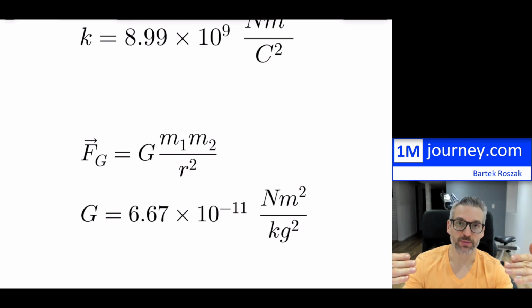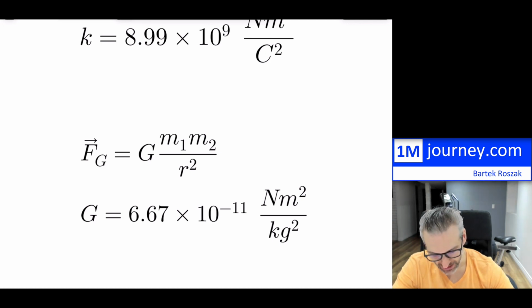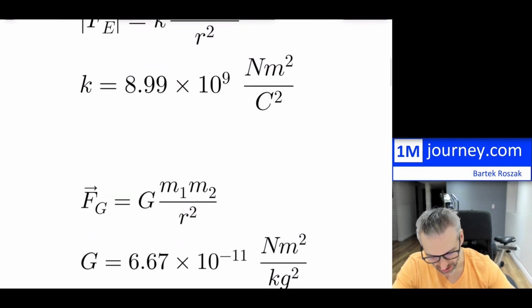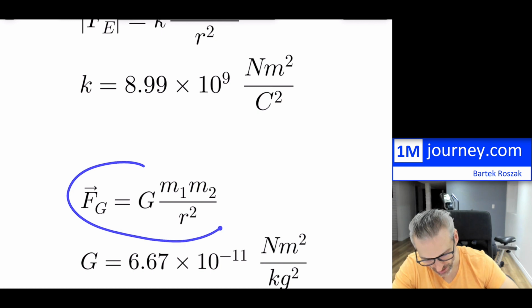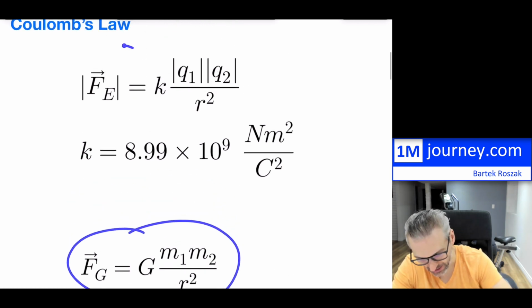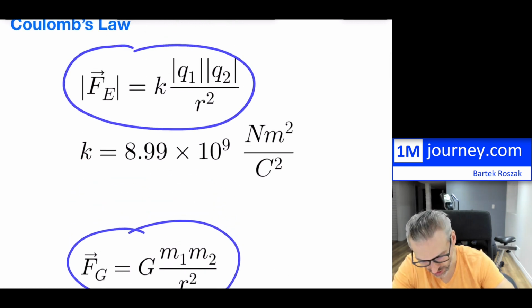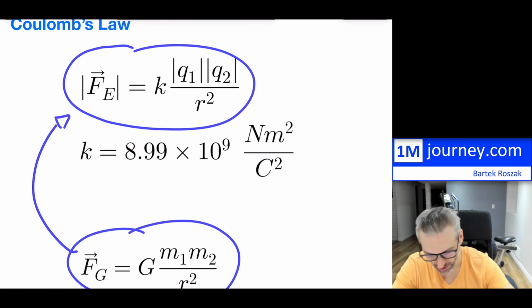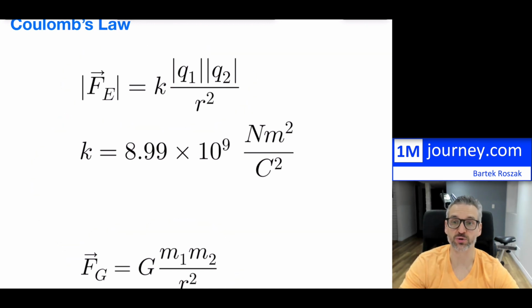Now, when you're talking about matter and the law of gravity that Newton came up with, that particular force is always attractive. So the force is always towards each other. But look at the enormous resemblance between this equation and Coulomb's law, which is also a force, but it's an electrostatic force between two charges.